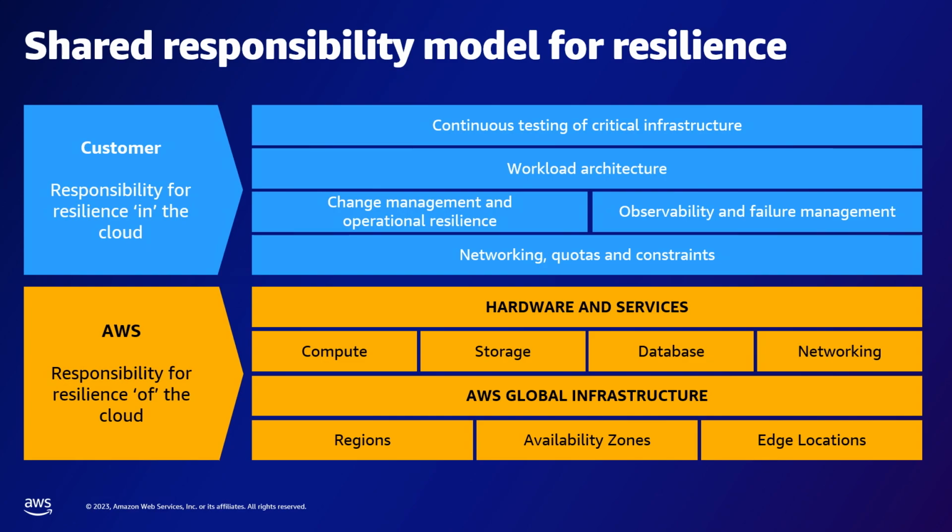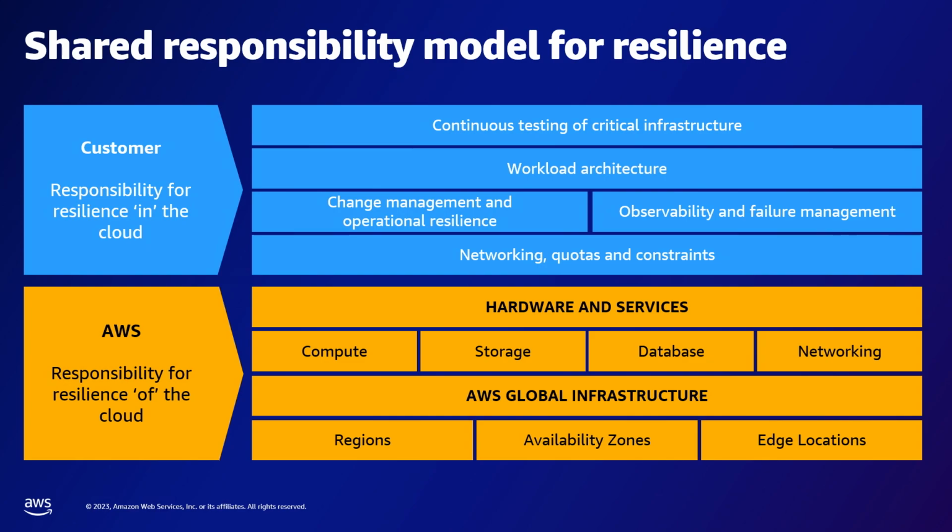AWS's responsibility is resilience of the cloud, ensuring that the infrastructure that runs all the services in the cloud is resilient. This infrastructure is composed of the hardware, software, networking, and facilities that run AWS cloud services.